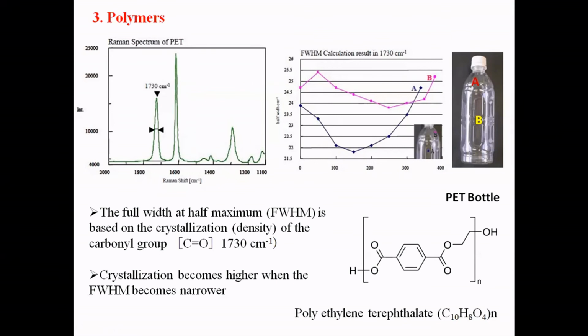So that way, if you get that number, you will be able to tell which portion of your bottle is highly made up of polyethylene terephthalate, or where some other compounds, weak degradation of the structure, or poor crystallinity are within the bottle. So this kind of analysis or possibilities are there with the Raman.